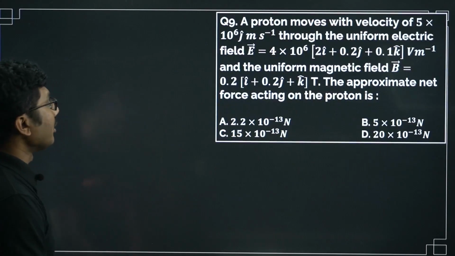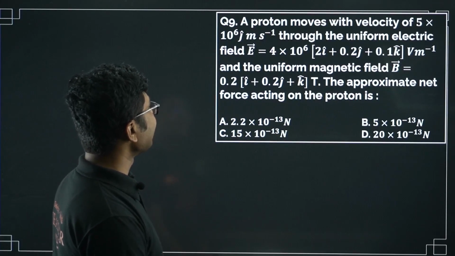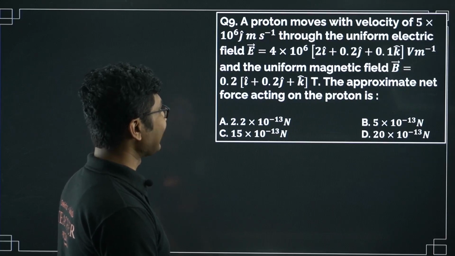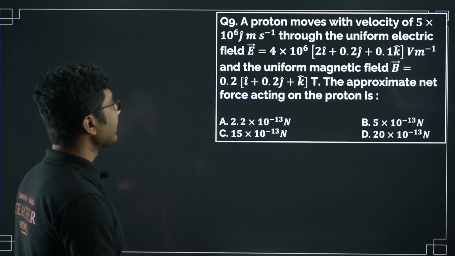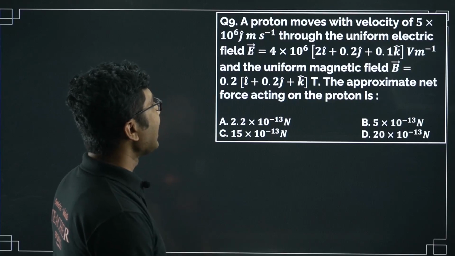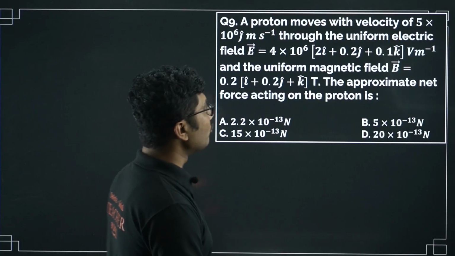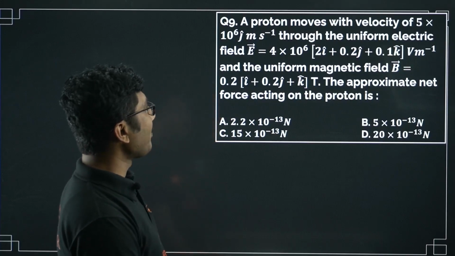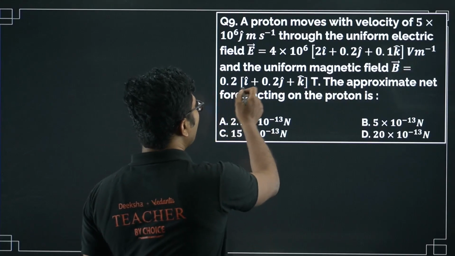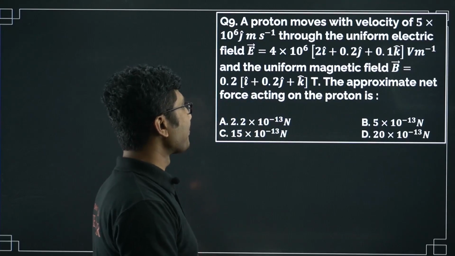Now a proton moves with a velocity of 5 into 10 to the power of 6 j meter per second through the uniform electric field E equals 4 into 10 to the power of 6 (2 i cap plus 0.2 j cap plus 0.1 k cap) volt per meter, and uniform magnetic field (0.2 i cap plus 0.2 j cap plus k cap) Tesla.